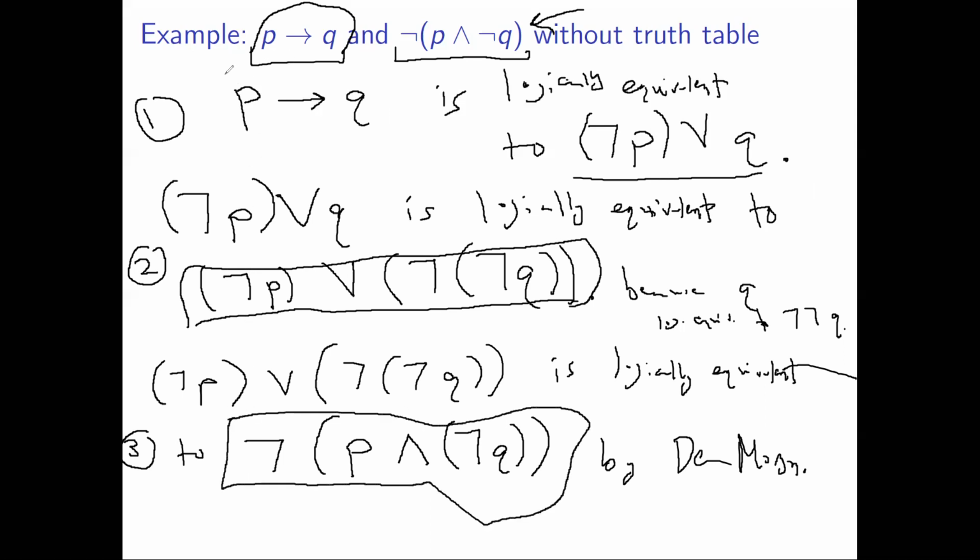So the column, the truth values for P implies Q are the exact same as the column of truth values for not (P and not Q). So these two, we see they are logically equivalent, and we can prove that with the truth table, or we can do it with a proof like we just did here, a basic proof just with a few steps.